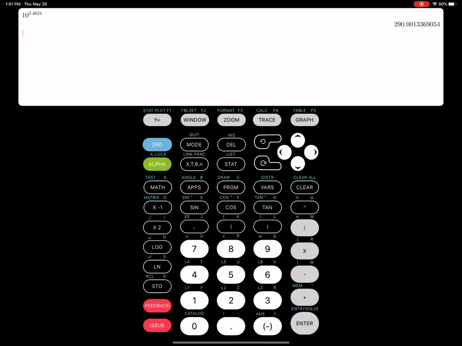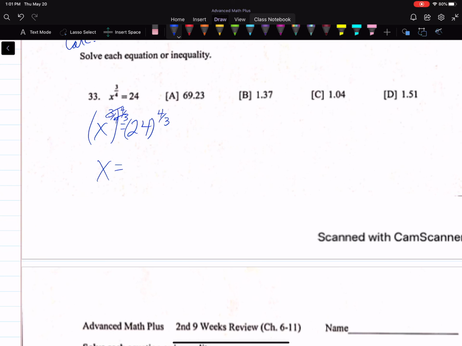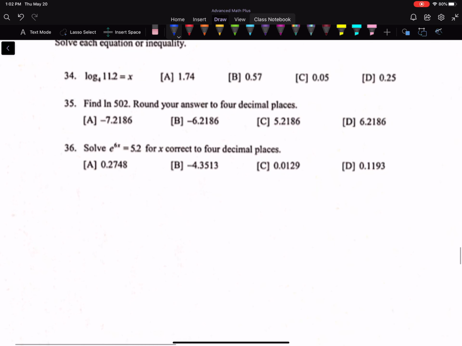So hit my calculator, 24 to the 4/3 power. Enter. 69.227. So 69.227 would be 69.23, which is A. Okay? So 3 more. Sorry about that.